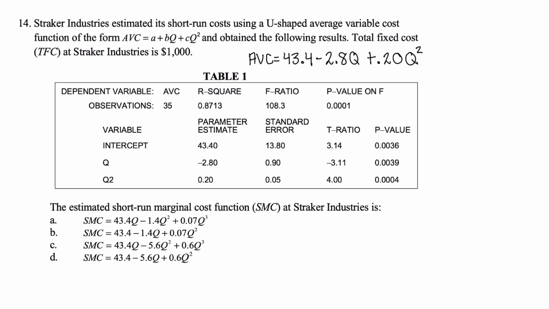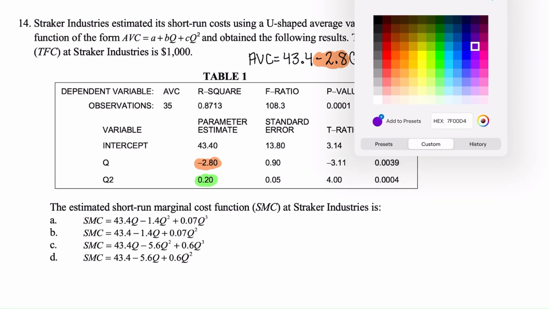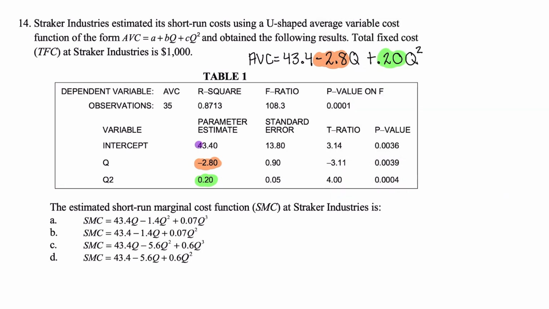And these numbers are just coming from right here. So our 0.2 is coming here. Negative 2.8 is going here. And then finally our 43.4 is going here, which means our A is equal to 43.4. Our B is equal to negative 2.8. And our C is equal to 0.2.